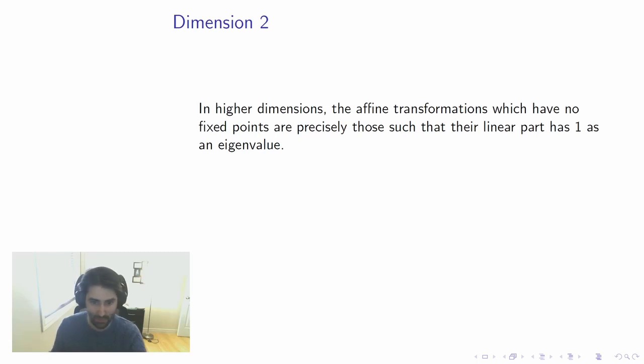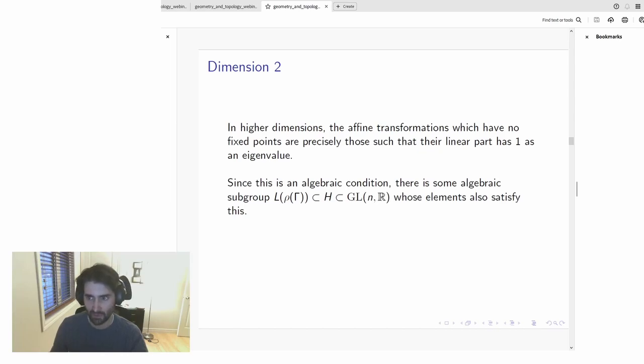You just write down what it means to have a fixed point, and you end up with the equation for not having 1 as an eigenvalue. Because this is an algebraic condition, this means that there's some algebraic subgroup H of GL_n(R), which contains the linear part of our affine representation, all of whose elements also satisfy this having an eigenvalue of 1 condition.